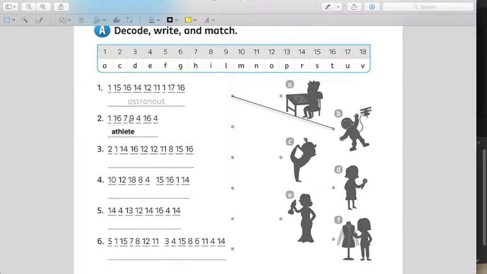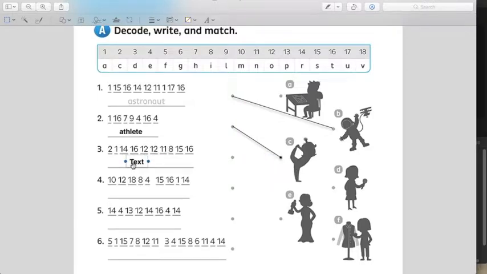We have the word athlete. Let's match that picture. Which one of these is an athlete? It looks like it's going to be this one right here. That is athlete, because they are stretching. Okay, let's move on to number 3.